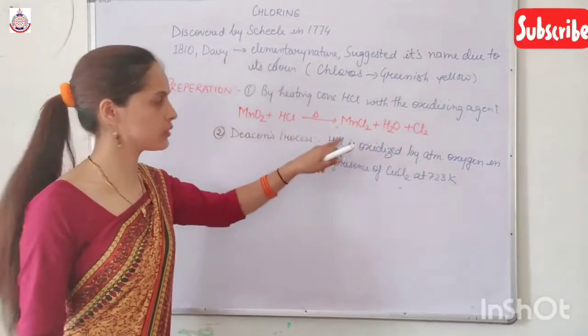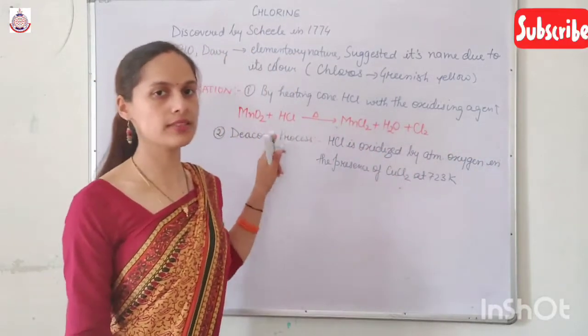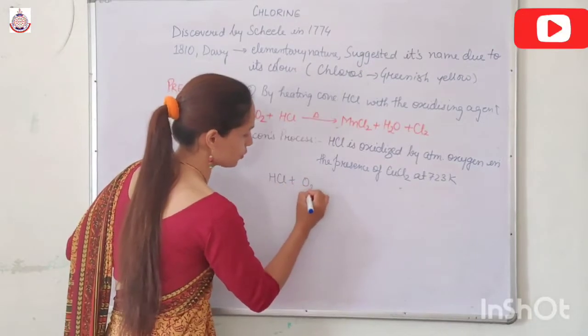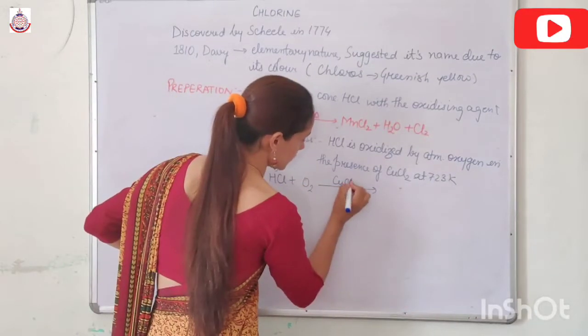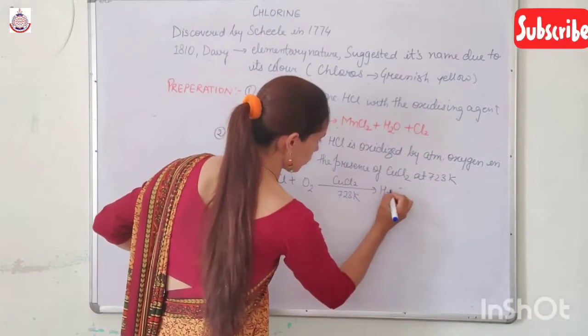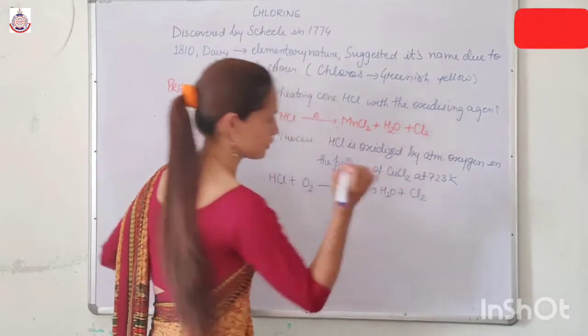If we do this, this method is known as Deacon's process. So HCl plus O2 in the presence of CuCl2 at 723 Kelvin gives H2O plus Cl2.